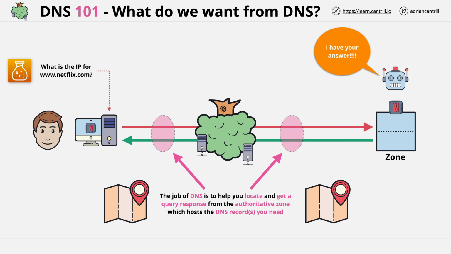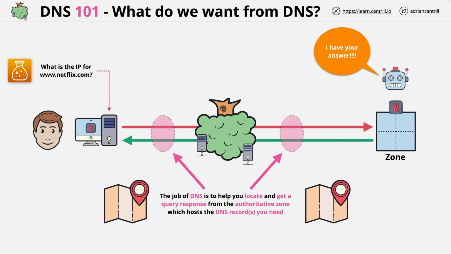Everything we talk about next, it's all part of the process to allow you to find the correct zone. So DNS is a huge global distributed database containing lots of different DNS records, and the function of DNS is to allow you to locate the specific zone which can give you an authoritative answer.